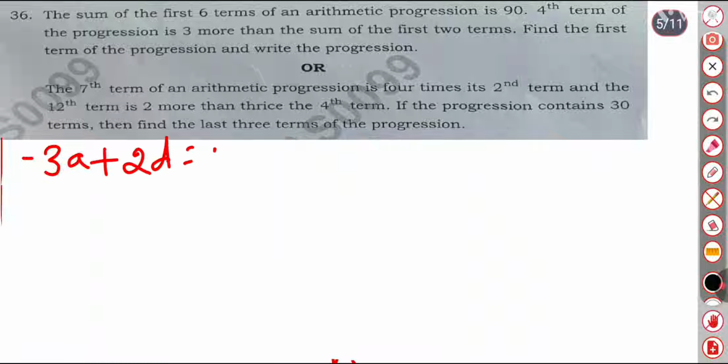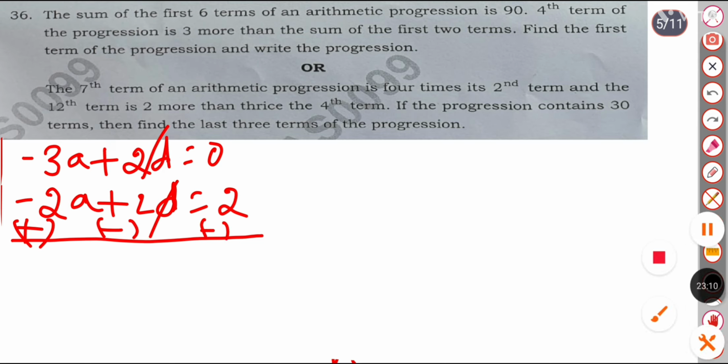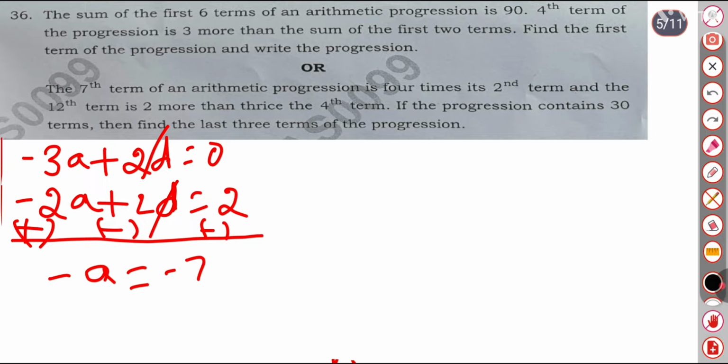And the second equation is minus 2A plus 2D is equal to 2. By subtracting this, we have to change the sign. If we change the sign, we can eliminate the d term. So here it is minus a is equal to minus 2. So a is equal to 2. We got a is 2.